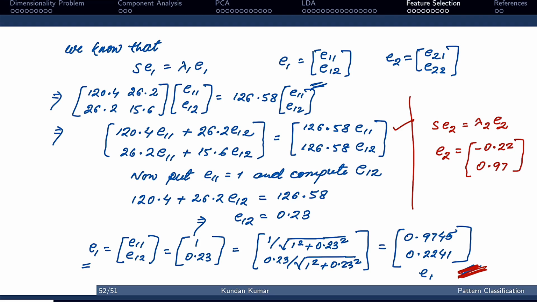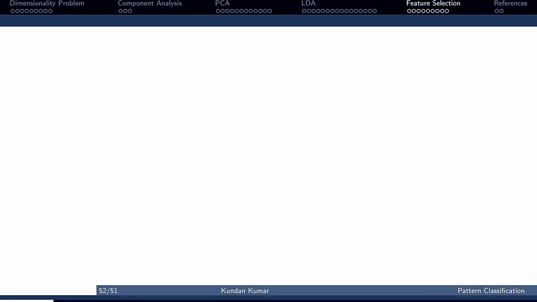Now we can analyze how to compute the principal components. What are principal components?